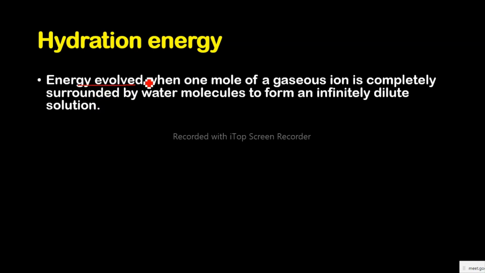So that enthalpy change that occurs when one mole of gaseous ions, there is an S here, it must be there. Okay? If you say 1 mole of a gaseous ion, this is wrong. Sorry for that. Because a mole contains 6.02 times 10 power 23 particles.